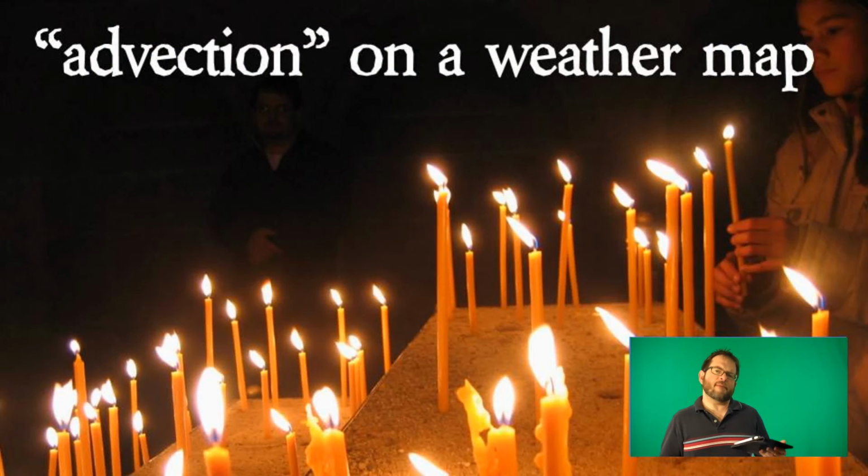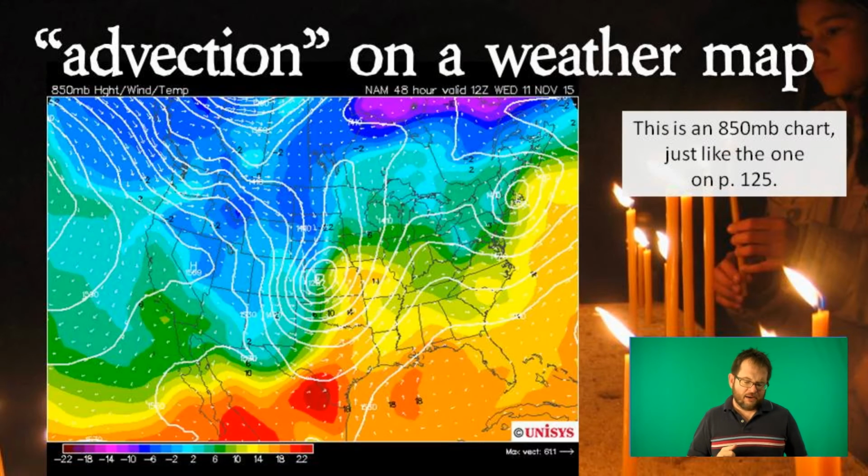Now there's one other idea that comes up a couple times in the second half of the lab that bears mentioning. It's a term that we've certainly used several times in the class, but we've probably never actually talked about exactly how to find it on a weather map, and that's advection. Advection is transport of a property.